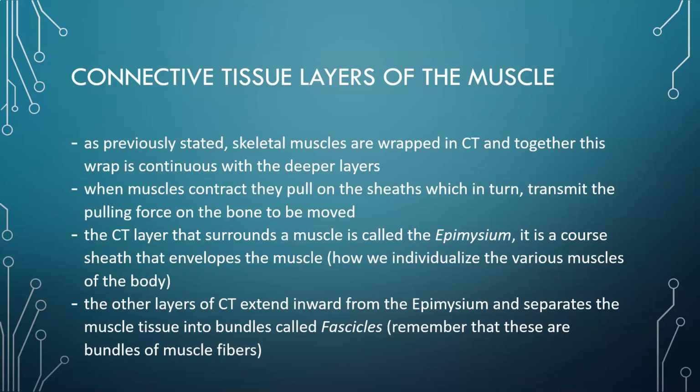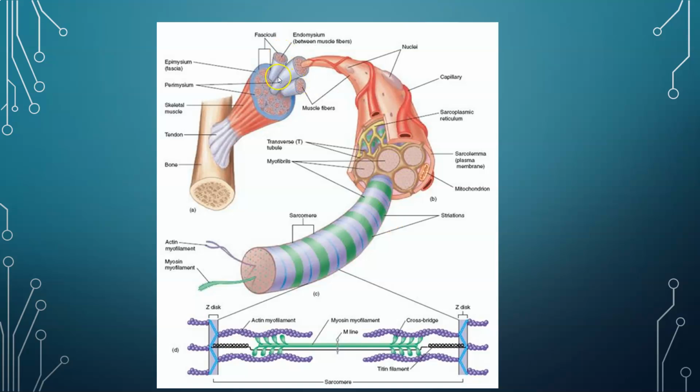From the epimysium, this connective tissue extends inward and separates the muscle tissue into bundles of cells, or bundles of muscle fibers, that are called fascicles. We can see here that we have these bundles. We have the outer coating here in blue, which is the epimysium, the fascia that surrounds the outside of the muscle.